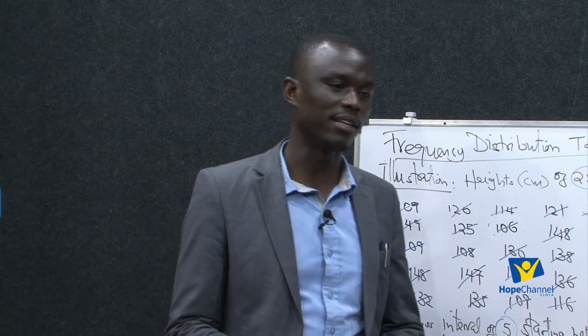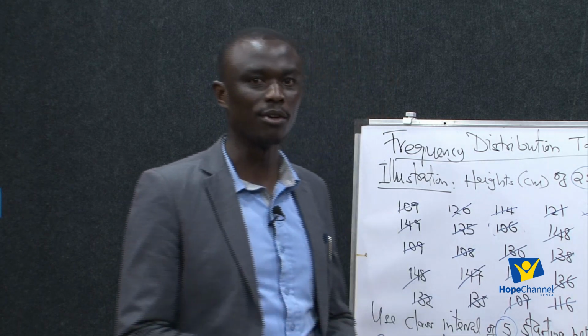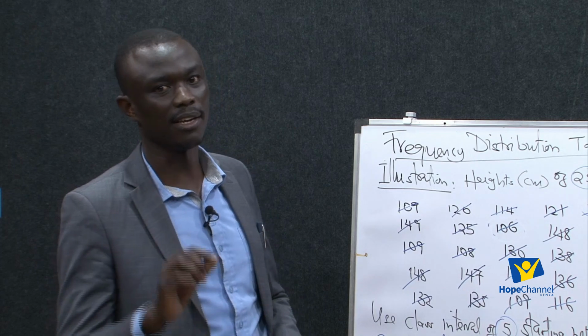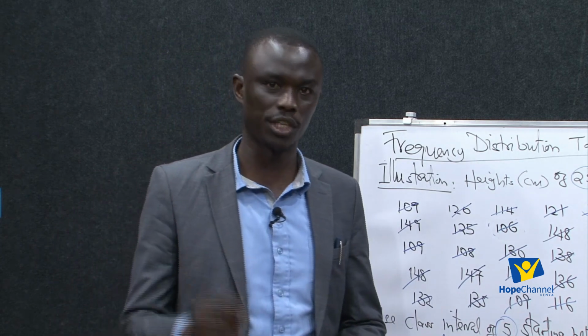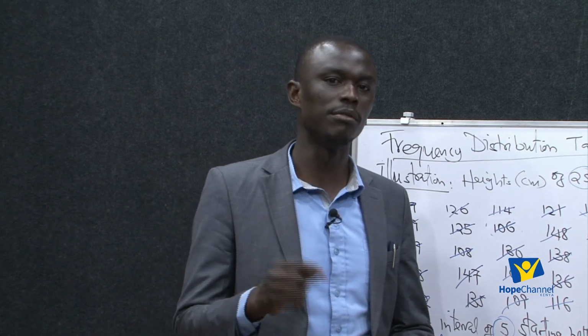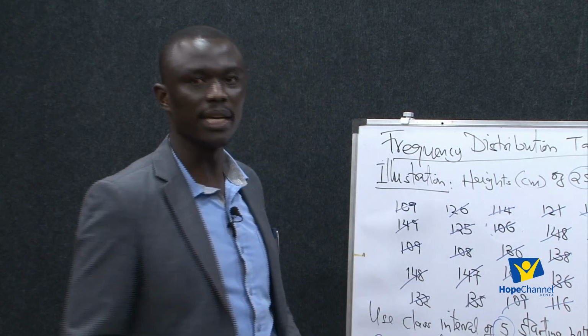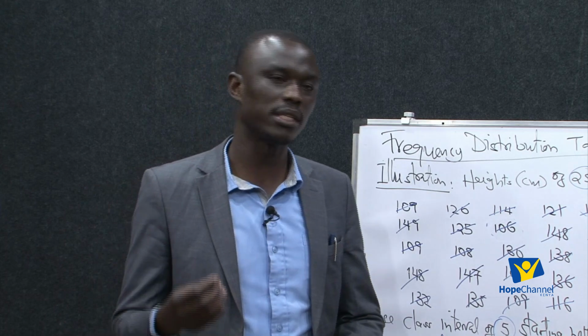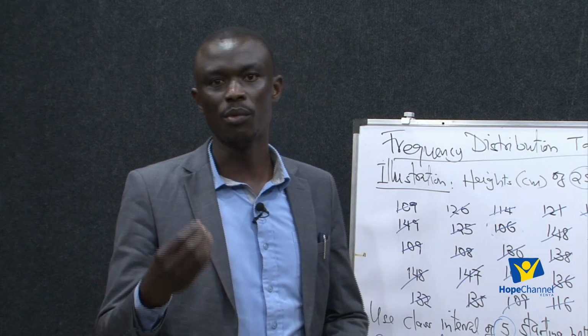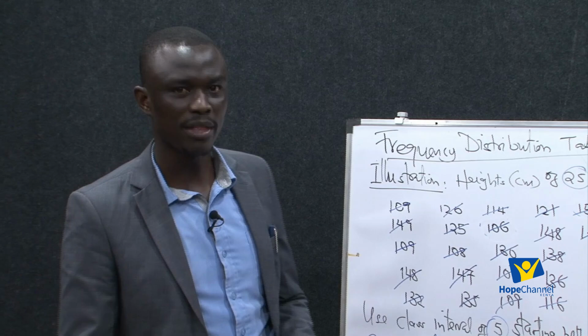So previously, we were discussing how to present data in a frequency distribution table. I want us to move one more step. Once we have presented our data in a frequency distribution table, what are we supposed to do next? There are a lot of things.